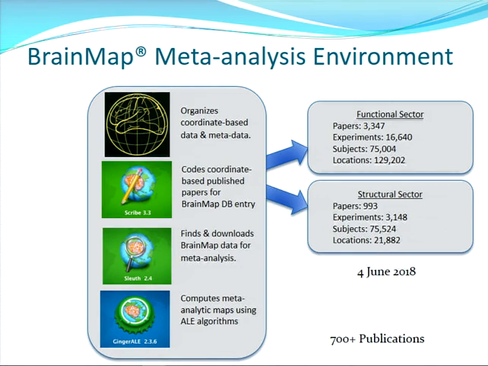We also have a search engine, which we call Sleuth, which allows you to find and download BrainMap data for subsequent analysis. You get to pick what you want to download and set up search criteria. And also we have this neat ALE tool called GingerALE that will do ALE for you based upon searches.